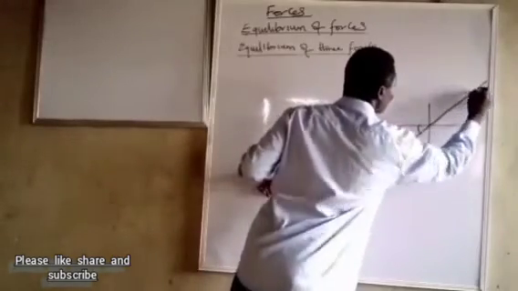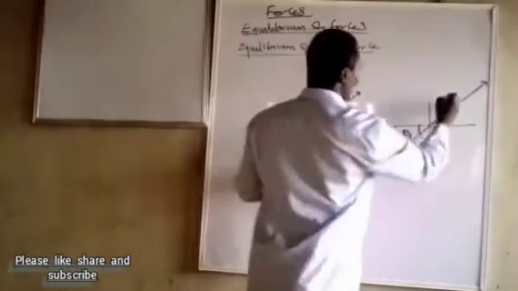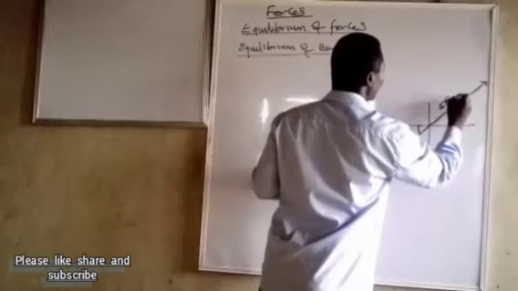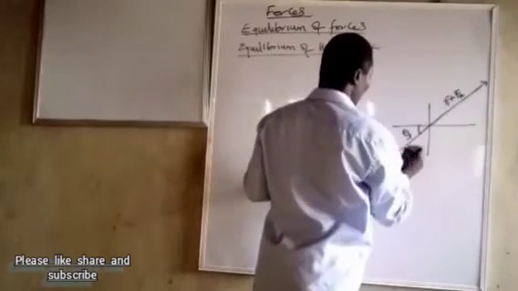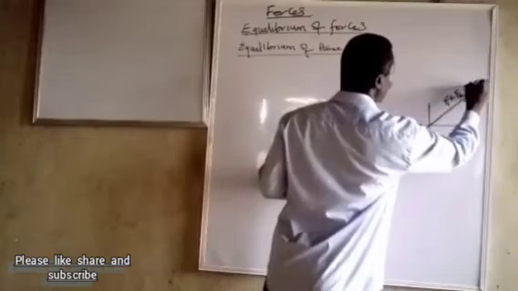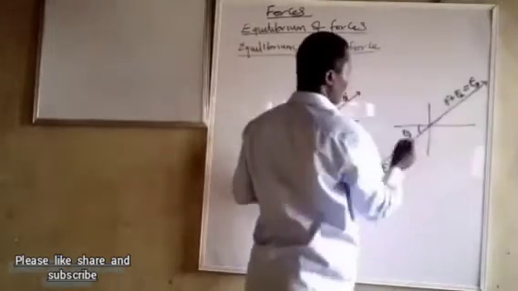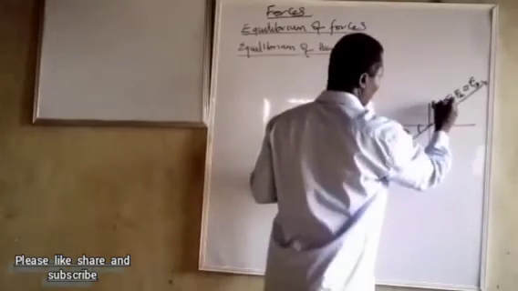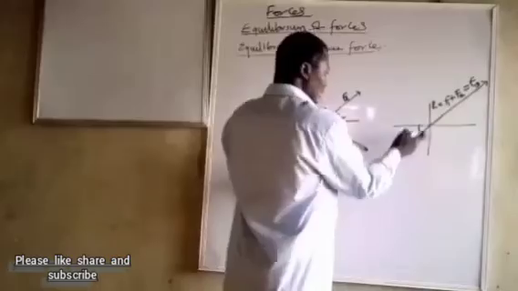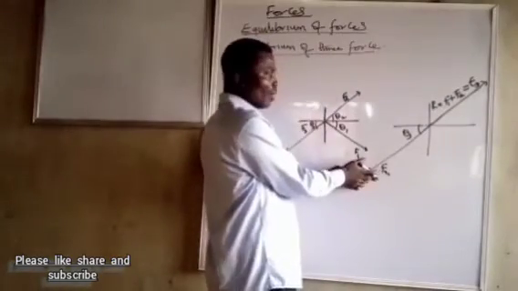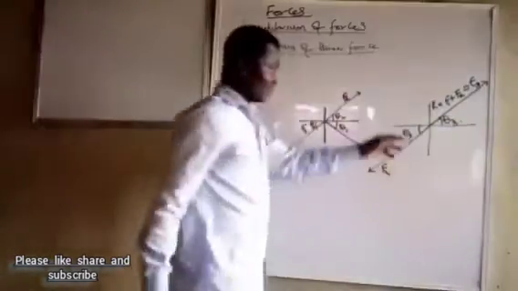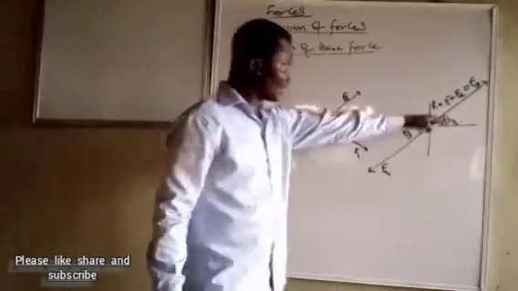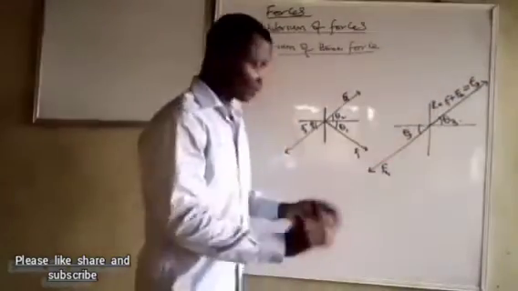So we have the summation of F1, F2, and this is F3. So this is the equilibriant for the resultant of F1, F2. The summation of F1, F2 is going to be equilibriant for F3. So you can see this place will also be theta 3 as this one. So that is what the sum here will give. Take note of that, please.